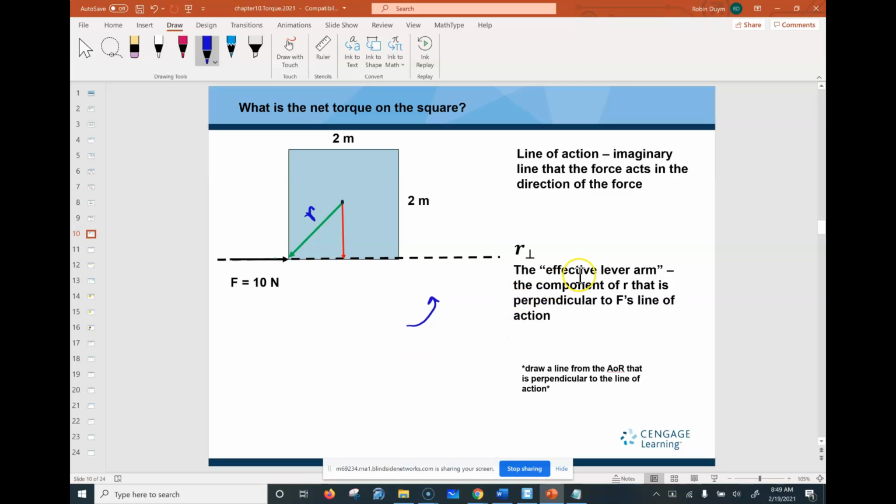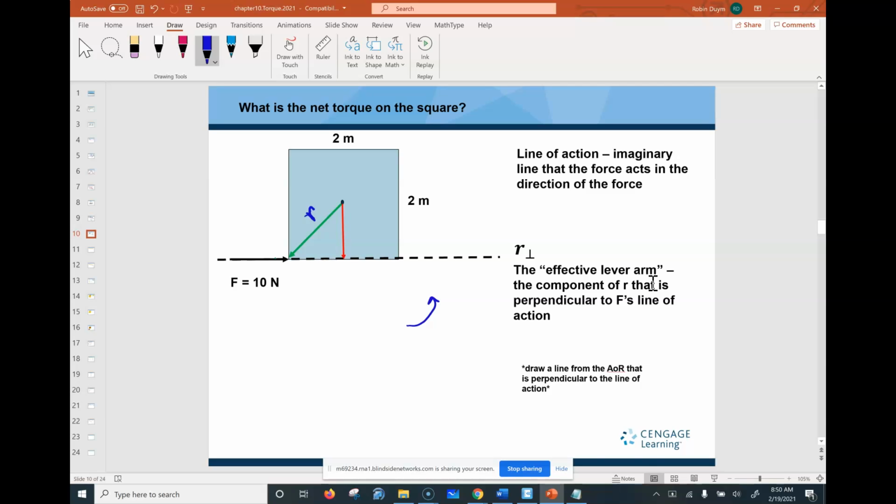This is called your effective lever arm. And that's going to be when you use your line of action. You see it? Here it is.